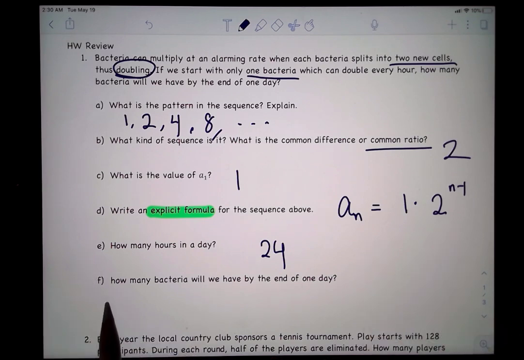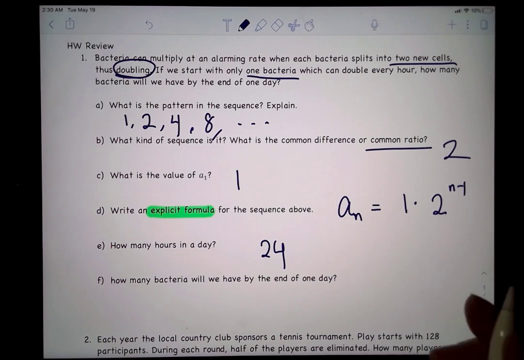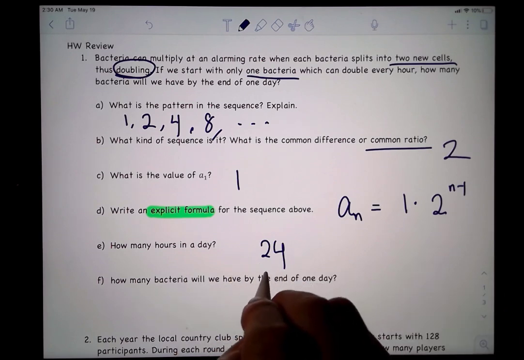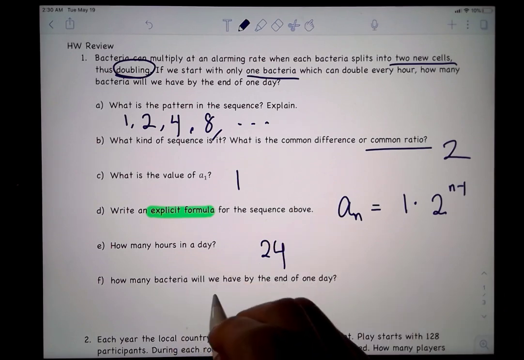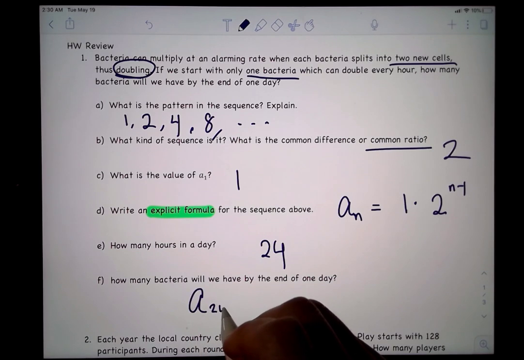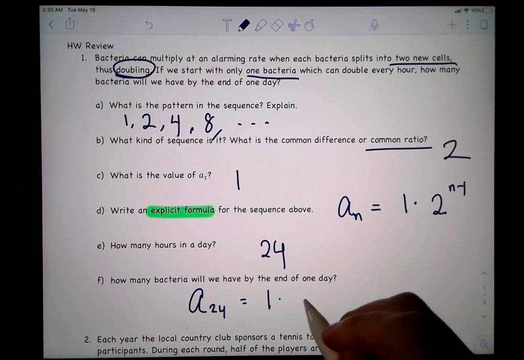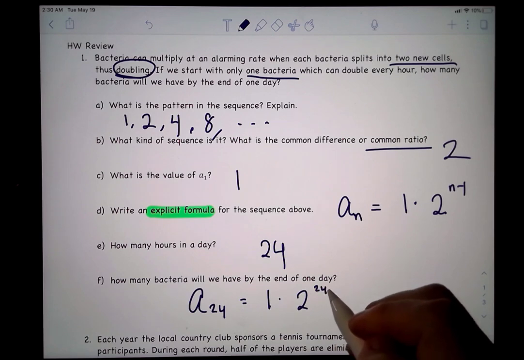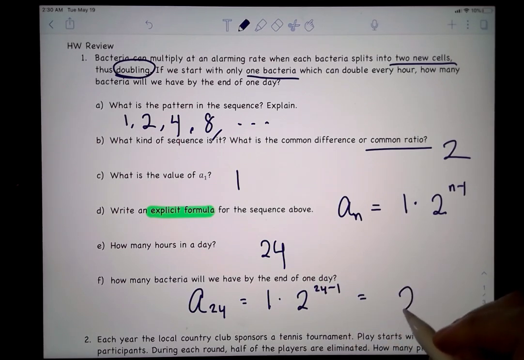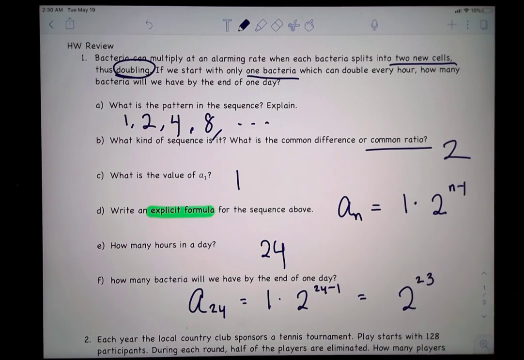And my last question: how many bacteria will we have by the end of one day? After 24 hours, you just find A24, which is 1 times 2 to the 24 minus 1, so 2 to the 23rd power.